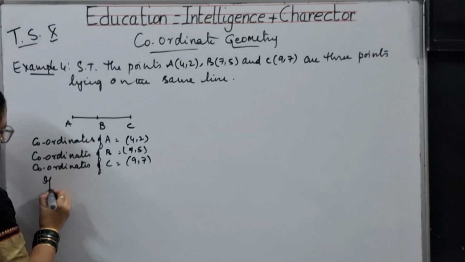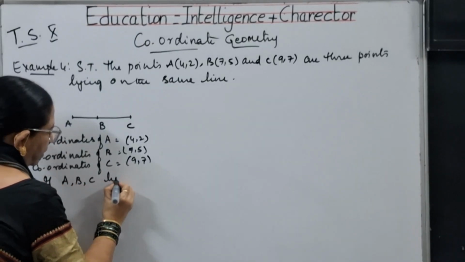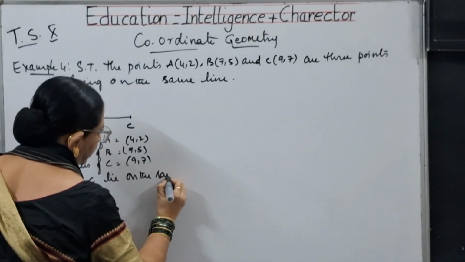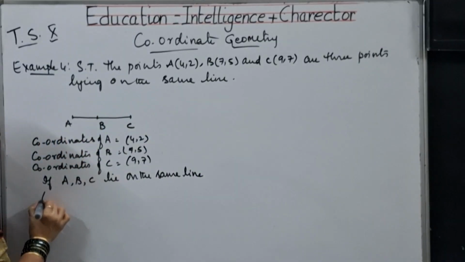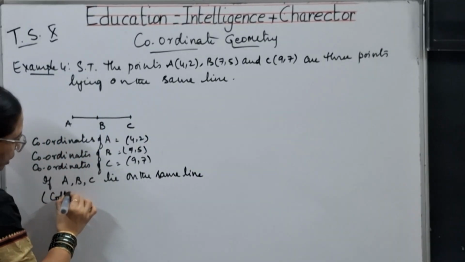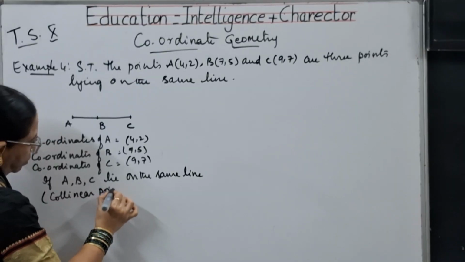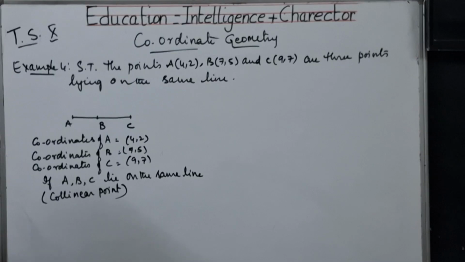Now if A, B, C lie on the same line, actually what do you mean by this, children? They are collinear points. Sometimes they'll ask you to prove that they are collinear points.